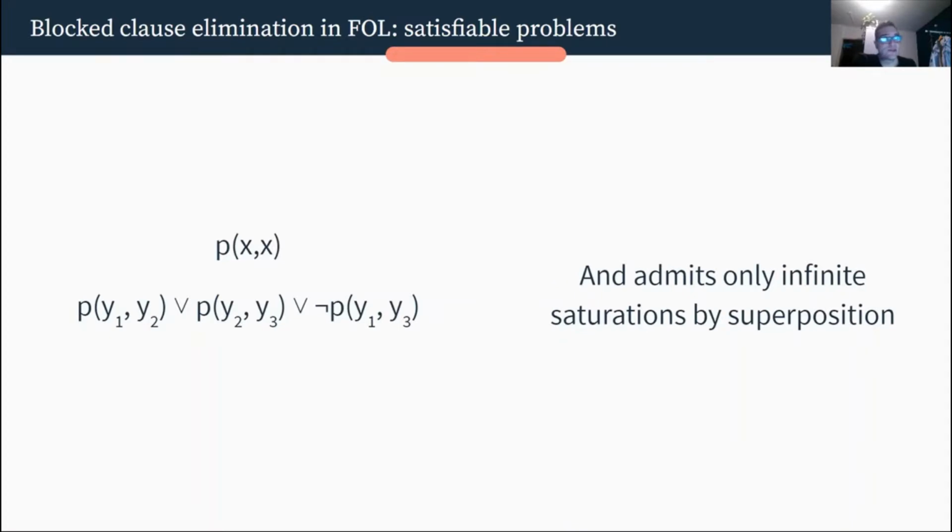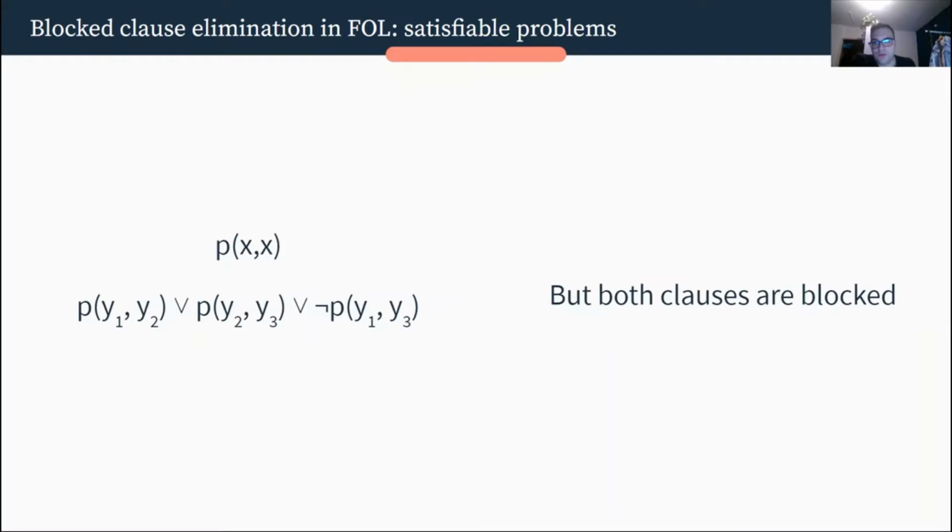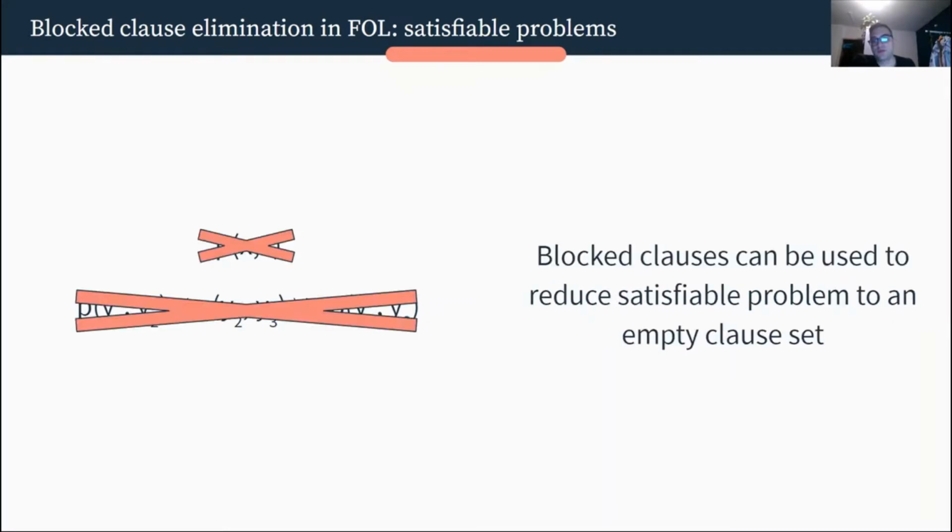So even this very simple problem has infinite saturation using superposition. What this means in practice is that regardless of any of the parameters for superposition that you choose, the saturation is going to be infinite. However, both clauses are blocked, and both clauses can thus be removed.